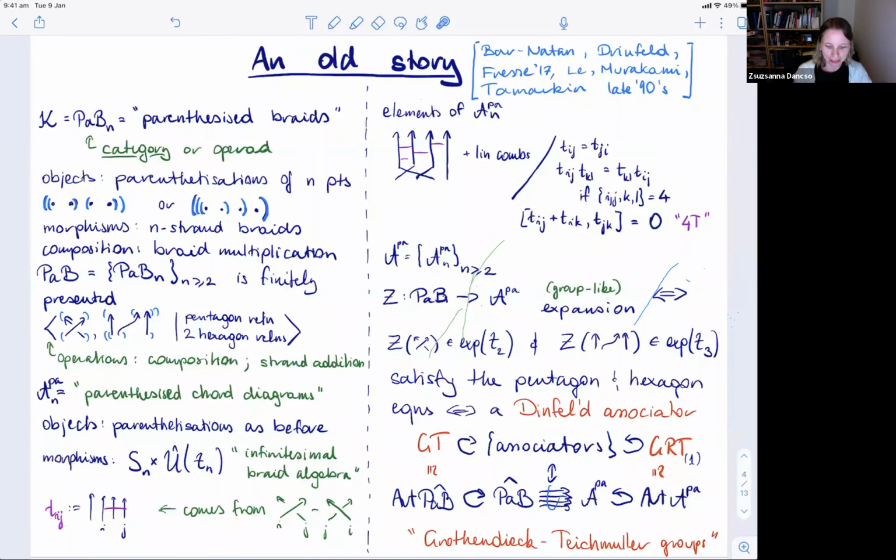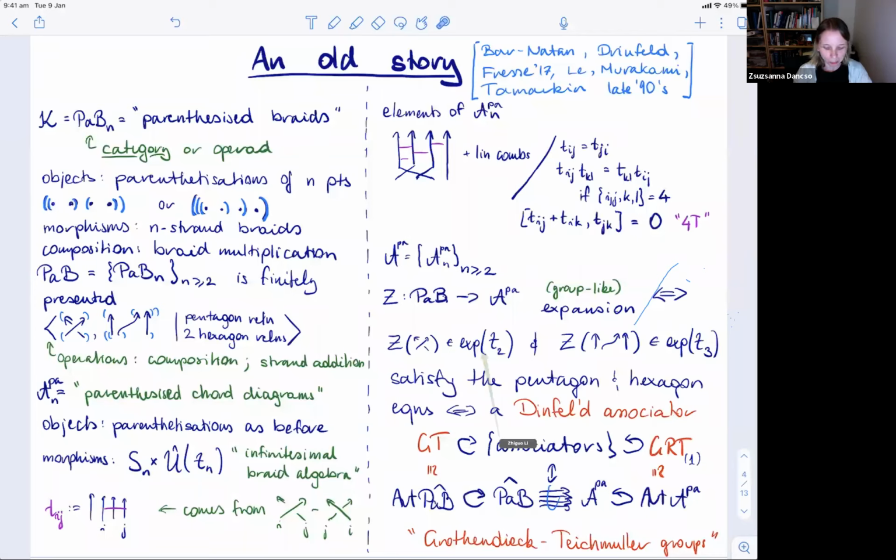Here, the objects are parenthesizations as before, and then morphisms consist of a boring symmetric group part, along with an element of what's called the infinitesimal braid algebra. So this infinitesimal braid algebra is generated by these chords Tij, which diagrammatically we just draw as a little line connecting strand i to strand j.